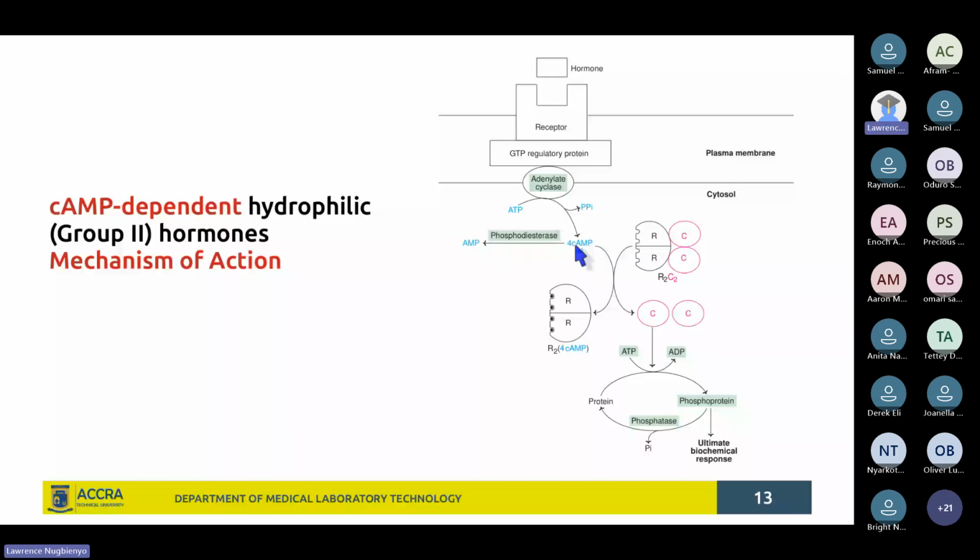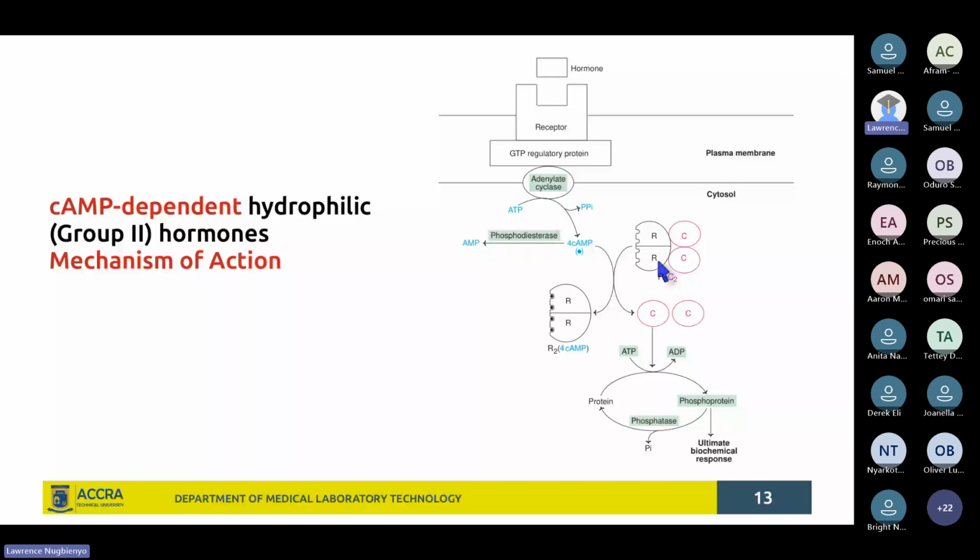And that second messenger goes to bind to regulatory portions of a catalytic protein, an enzyme. The catalytic parts of the enzyme are represented as C, and the regulatory portion as R. Think of it this way: we looked at some processes of repression.